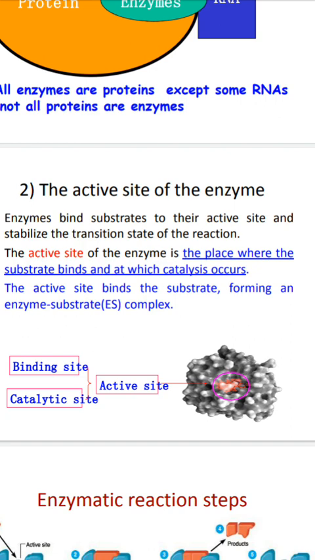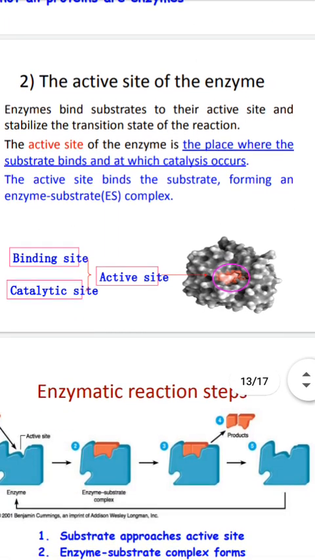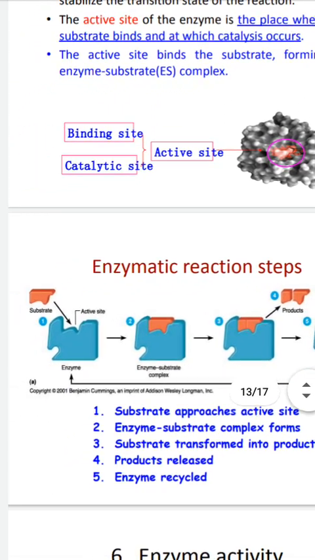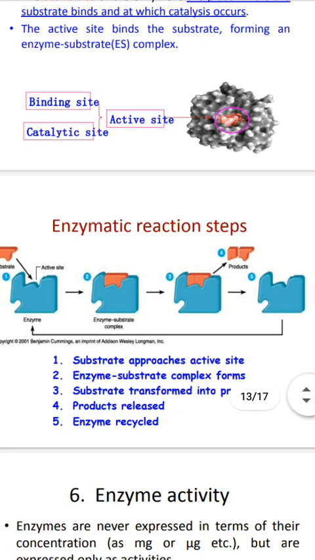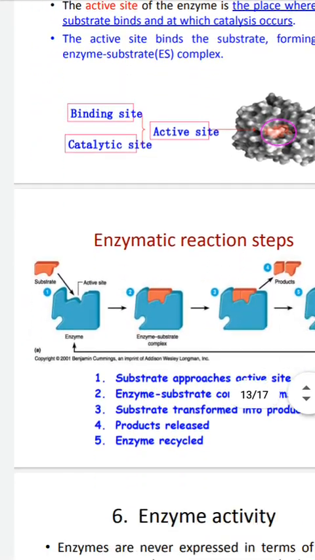The active site is the place where the substrate binds and at which catalysis occurs. We see how enzyme plus substrate bind and the reactant gives product, like the enzyme-substrate complex, right?